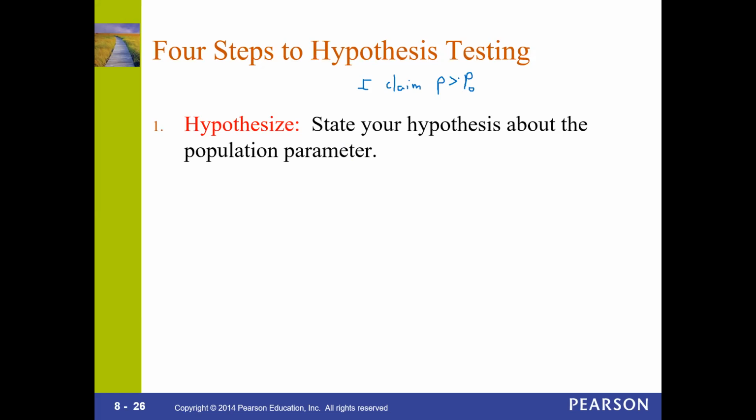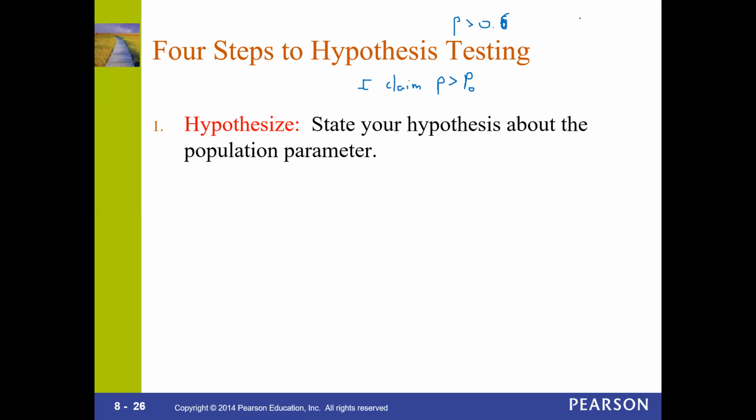I say P because P can be any number, while P0 is like a specific number. This is what I claim. If I'm trying to do a general example, I could put an example, like P is greater than 0.05 or 0.6, something like that. I can also do that. But instead of putting a number, I put P0, which is just a general number, like a variable to help me out.